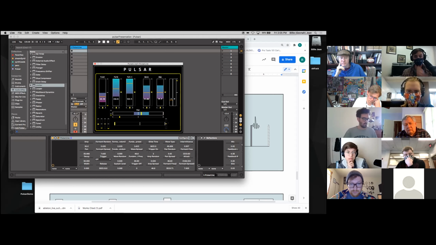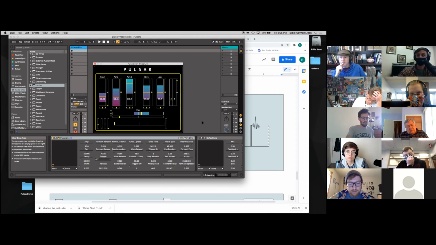Okay, now I remember why I was thinking of envelopes. I had to add the glide time because in live performance, this is effectively my envelope for a parameter trajectory. So like this is a long envelope. If I change the formant, it's going to take a long time to get to the parameter change and to go through that parameter change, which is, to me, essentially an envelope.